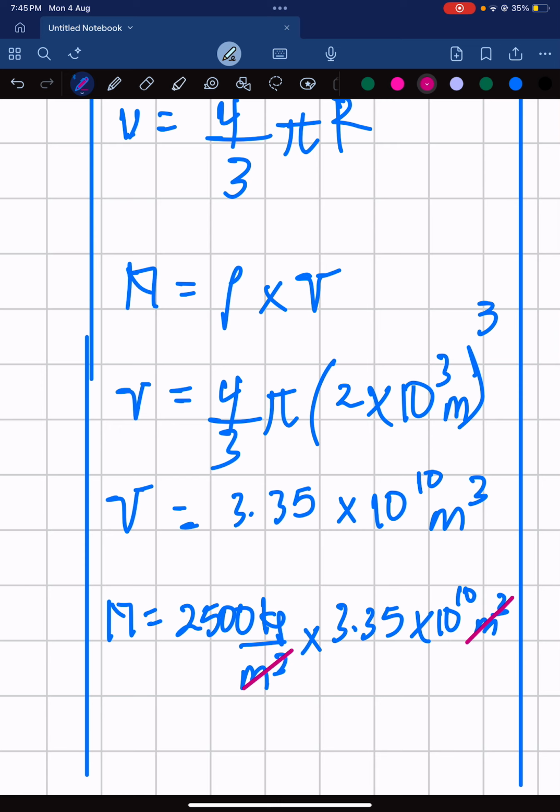So let's multiply 2500 by 3.35 times 10 to the power of 10. So the mass is 8.37. Let's say that 8 times 10 to the power of 13.